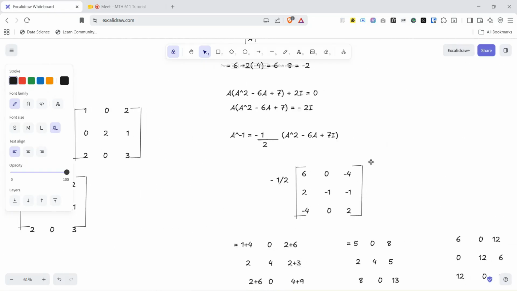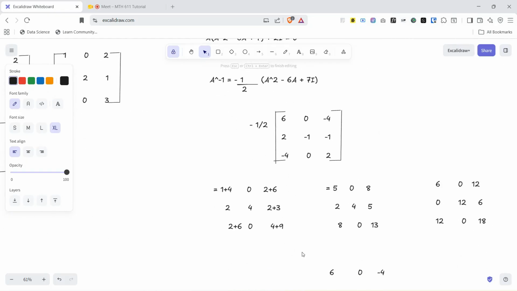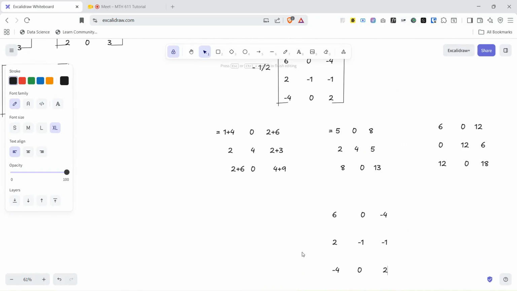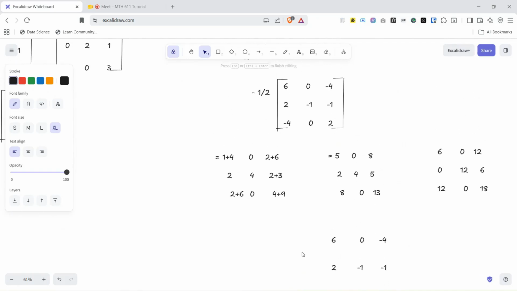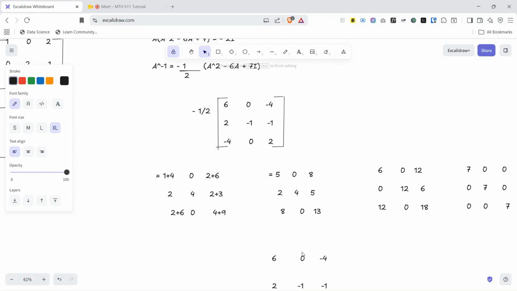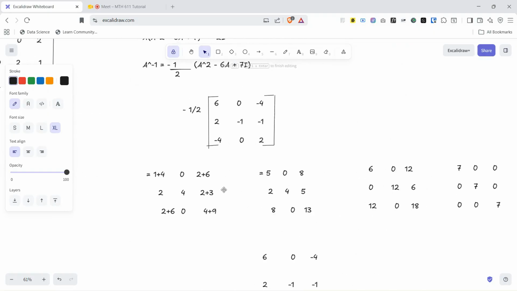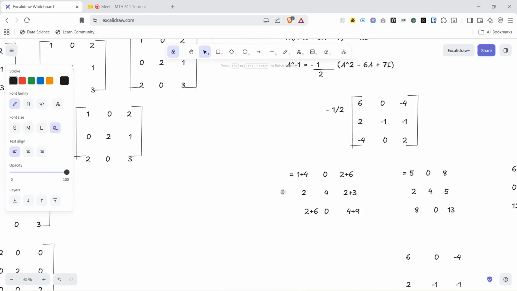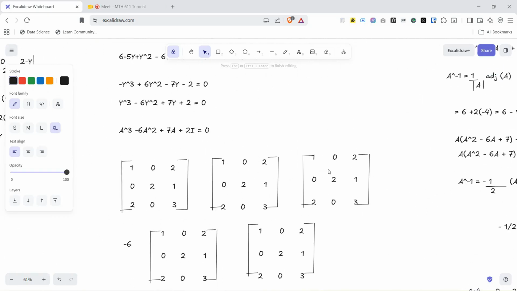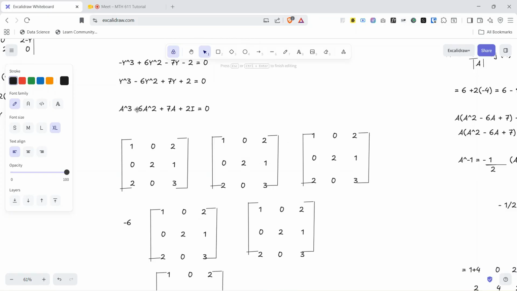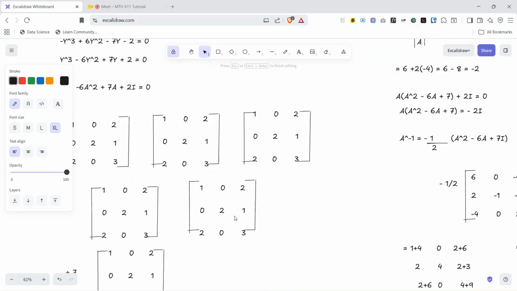After you've gotten the square of A, which is where? Okay, this is the square of A. You now multiply it again by this in order to get the cube, the A cubed that we have here for this particular one.